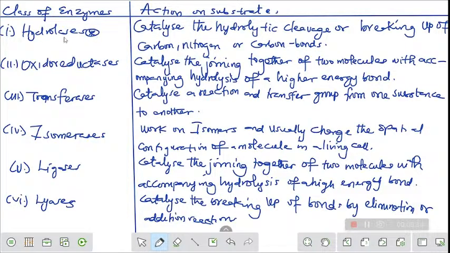The reason is that digestion is actually hydrolysis. And what is hydrolysis? Hydrolysis is the breakdown of large substances into smaller ones, especially with the addition of water. When you add water to a large substance and it breaks down, that is hydrolysis. The same thing happens with digestion.